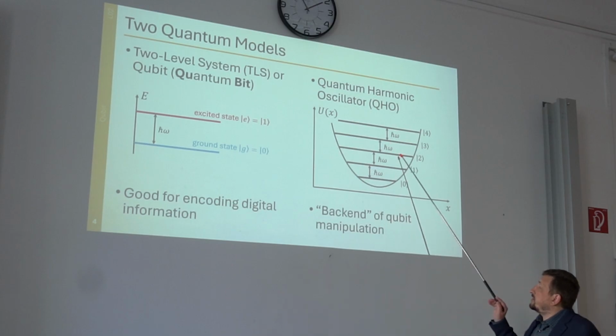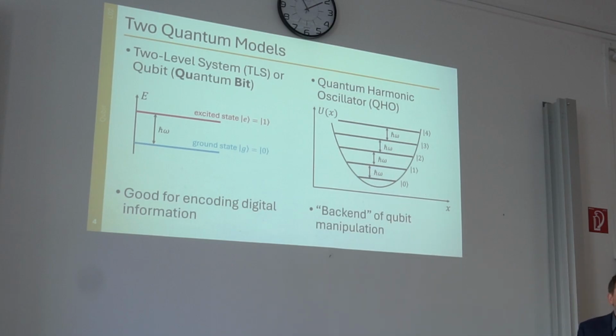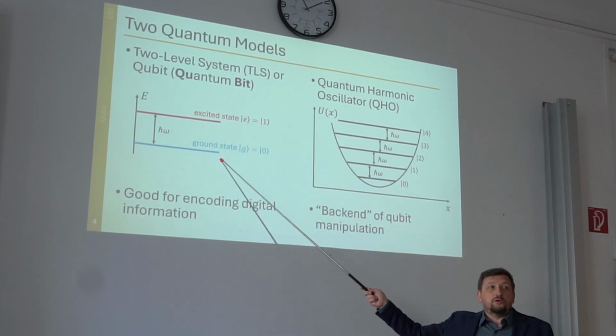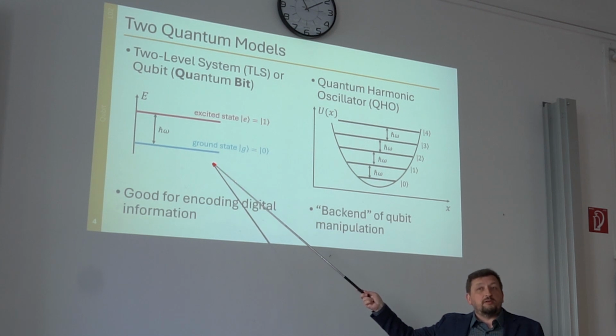But such systems, quantum harmonic oscillators, or more precisely electromagnetic fields or some other fields, are used to control qubits, to control two-level systems.